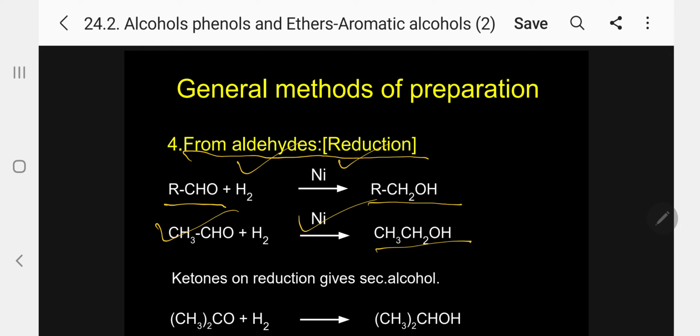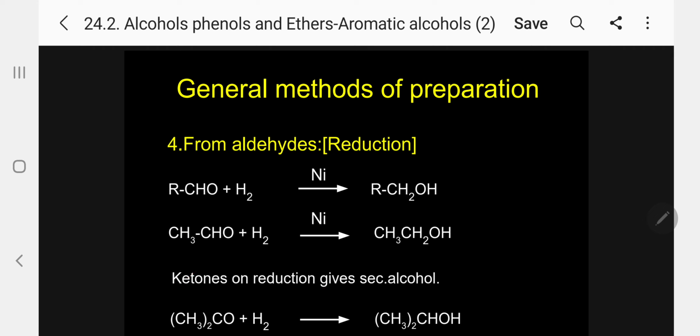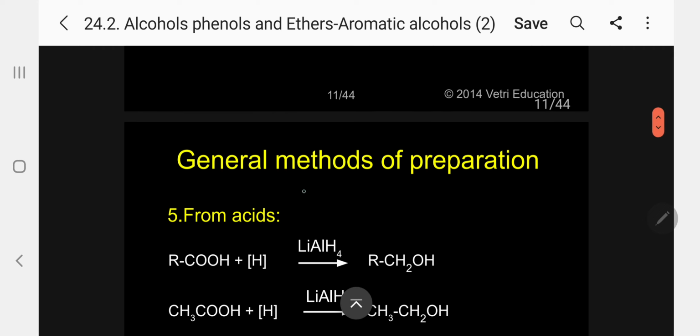Whereas ketones on reduction give secondary alcohols, isopropyl alcohol, with the same reagent, hydrogen in presence of nickel. This is the fourth general method.